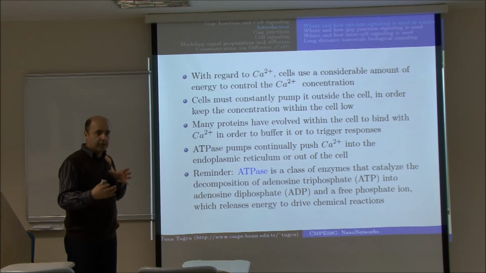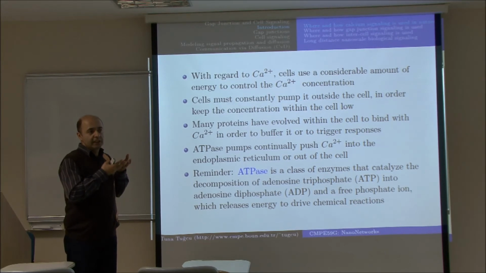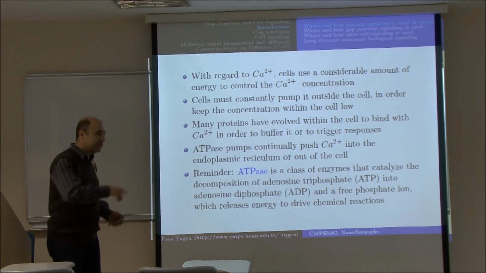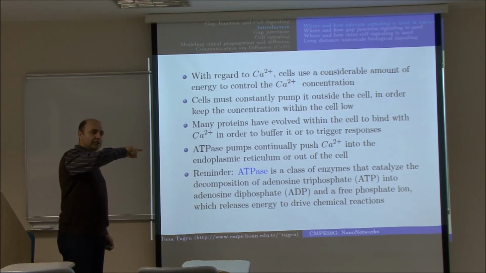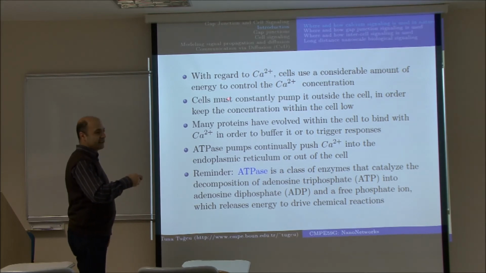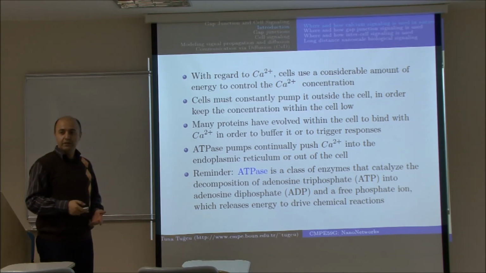This way the calcium ion concentration within the cell will increase. Then you can again trigger them to buffer it once again. This way you will decrease it. So the calcium ion concentration is low, then you increase it, then you decrease it once again. You can increase and decrease in a controlled manner.